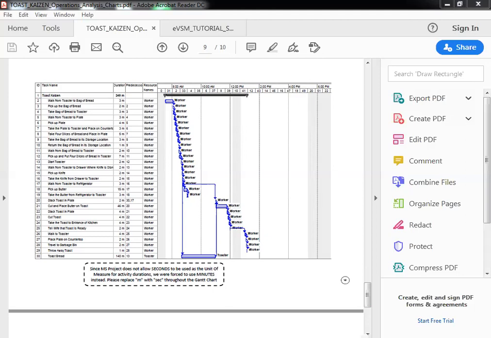This is where I think is the connection. I don't know that we have the tools available that would take a flow process chart and create a Gantt chart like this. But you can see that the Gantt chart is a very visual representation of how product, tools, machine, and operator all get connected to each other.